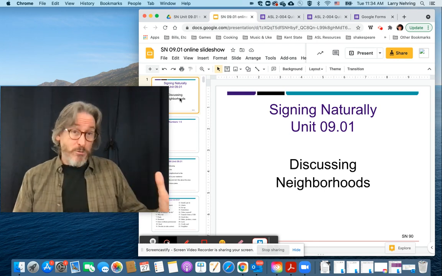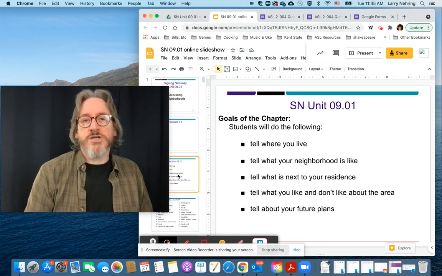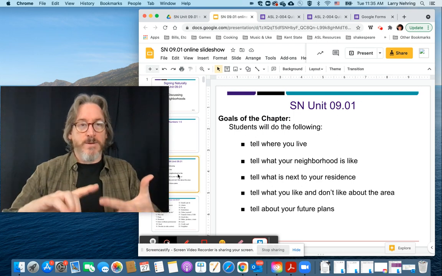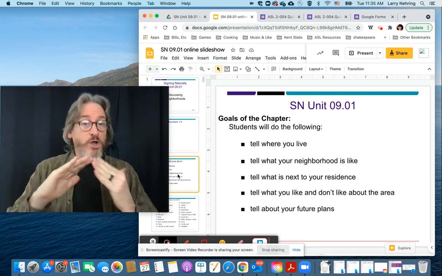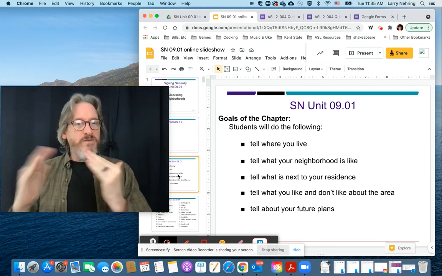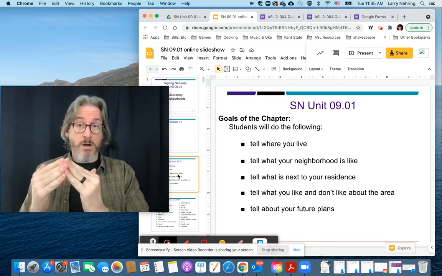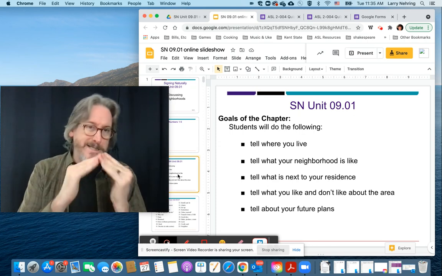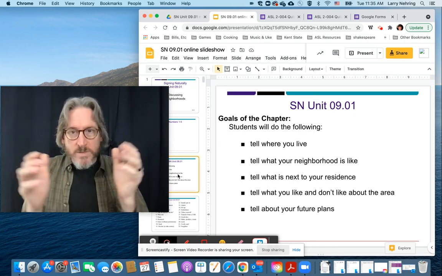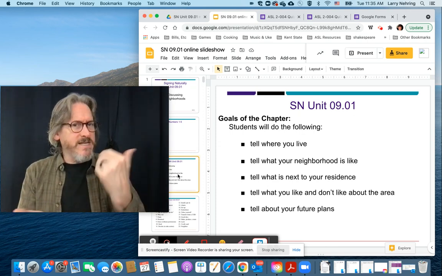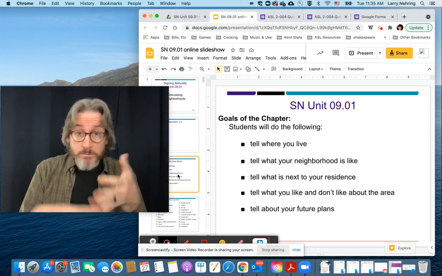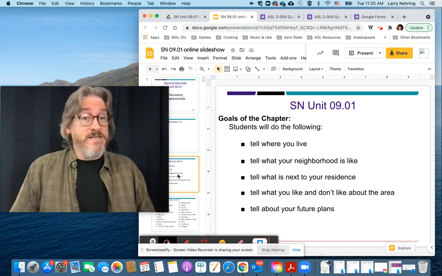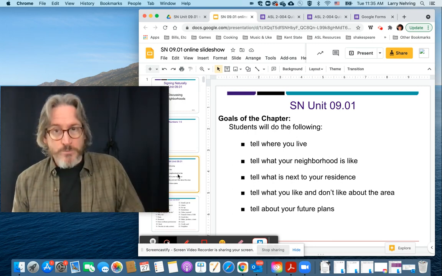We're going to be discussing neighborhoods. So, we're going to talk about where you live and your neighborhood, and we've used this sign for city before, but it also can be like a town or a neighborhood. And then residence. What are the signs for residence that we used, right? Apartment, home, house, dorm. So it depends on what applies to you.